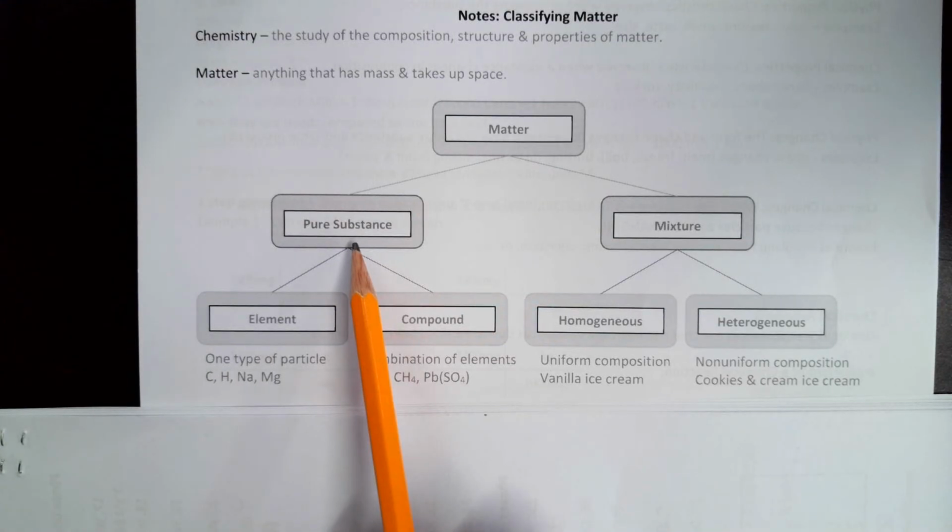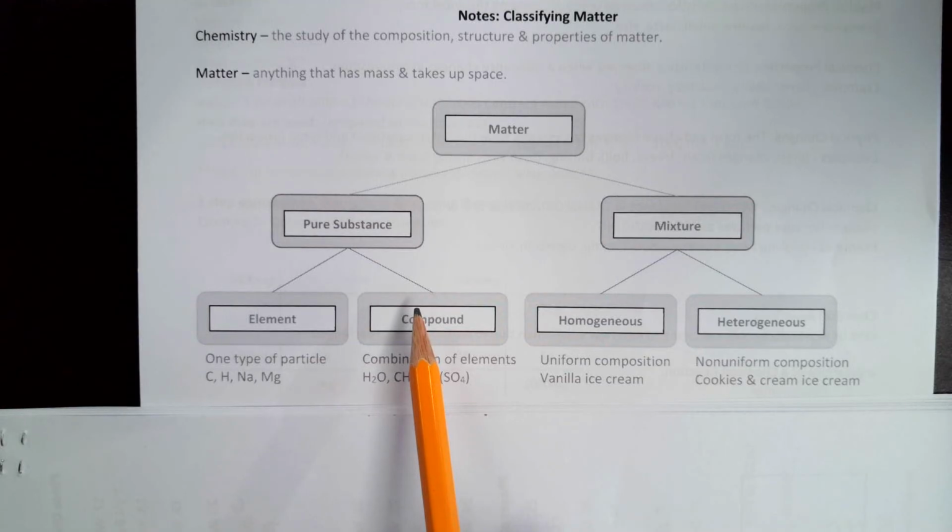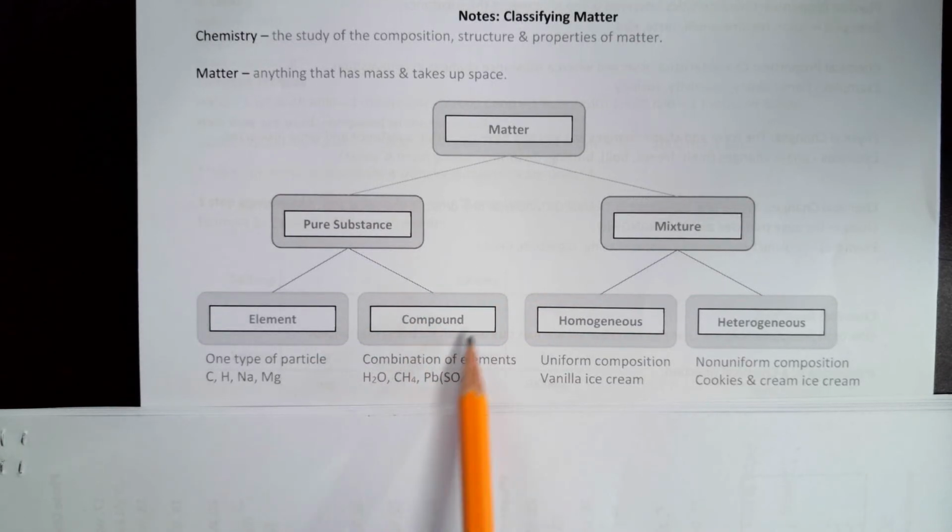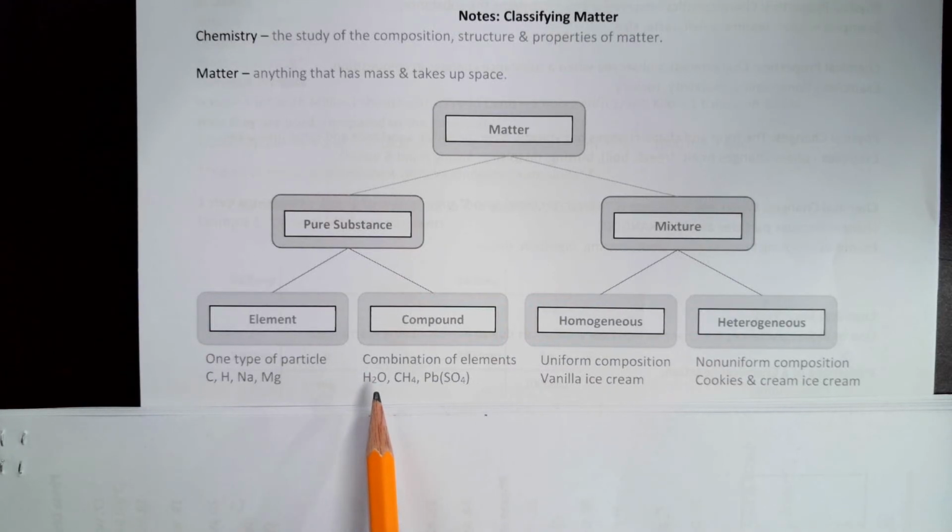Now, when I combine those elements, so two or more elements combine, that is called a compound. So what we drink, H2O, water, is a compound because it contains hydrogen and oxygen. This compound is methane. It contains carbon and hydrogen. All right.